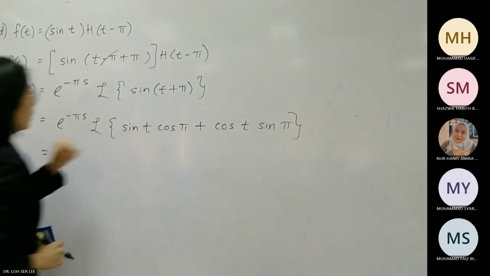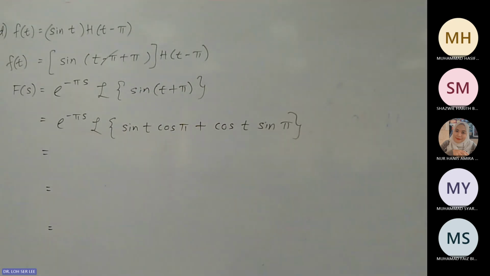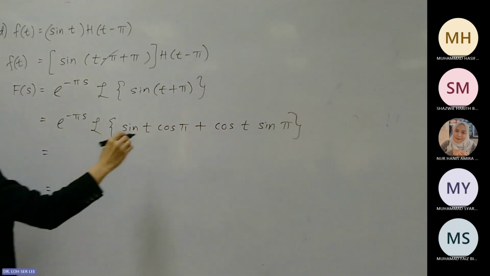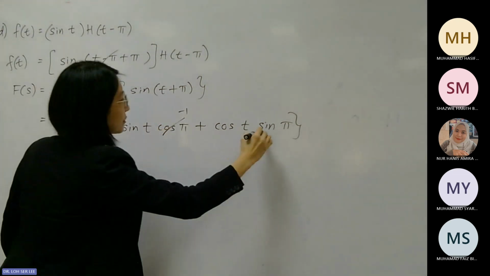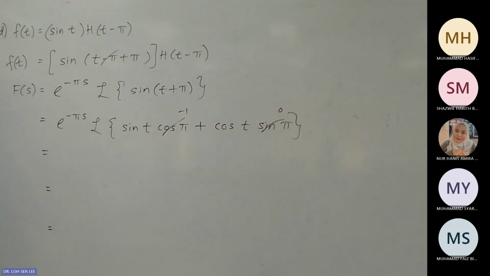What is the value of cos pi? Cos pi is 1, maybe? Negative 1, oh, negative. Sine pi is 0.